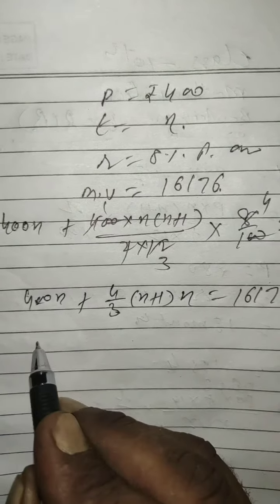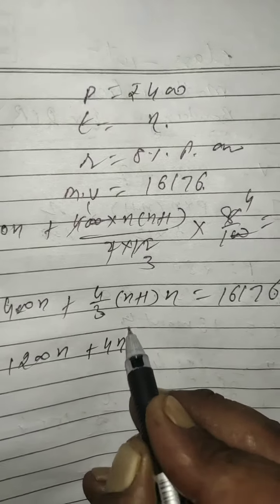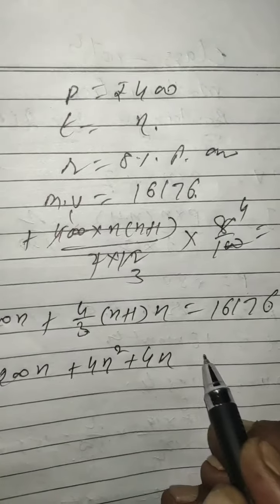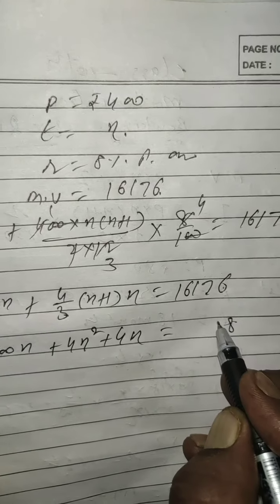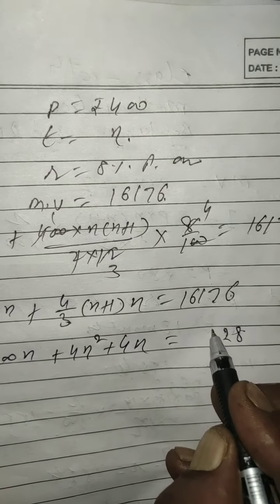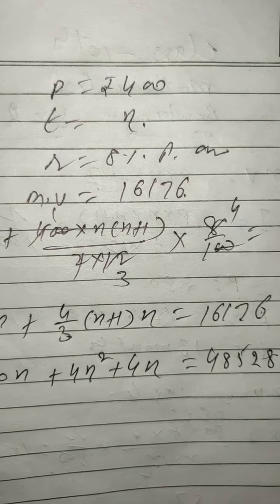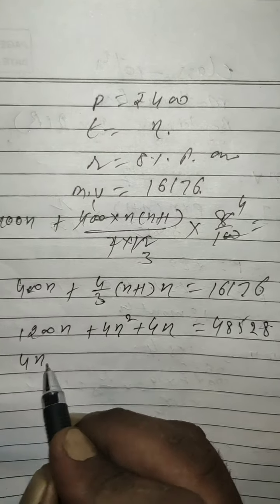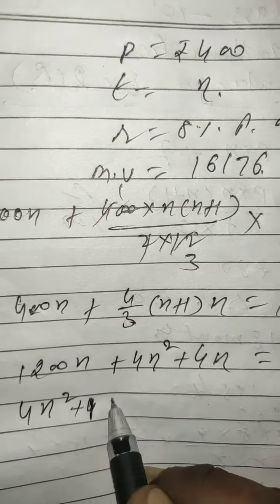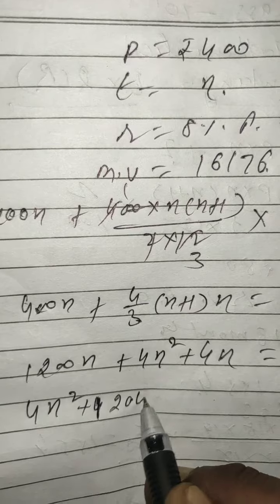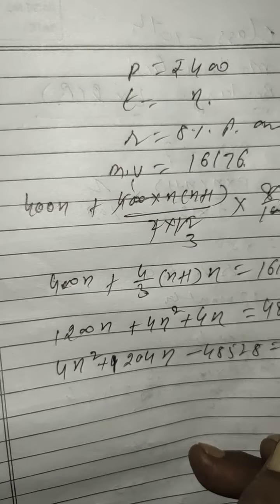Then this will be 1200n plus 4n square plus 4n is equal to 48528. Take this to one side: 4n square plus 1204n minus 48528 is equal to 0.